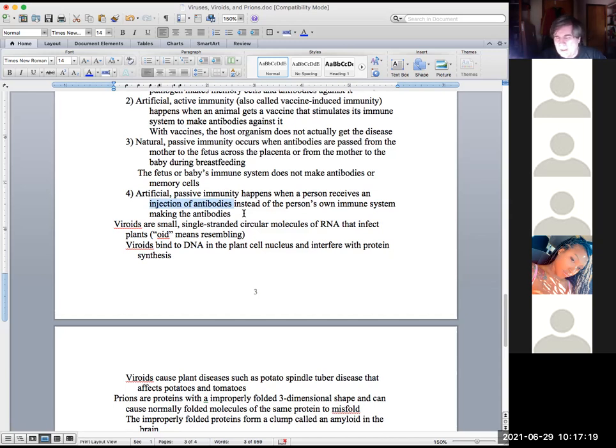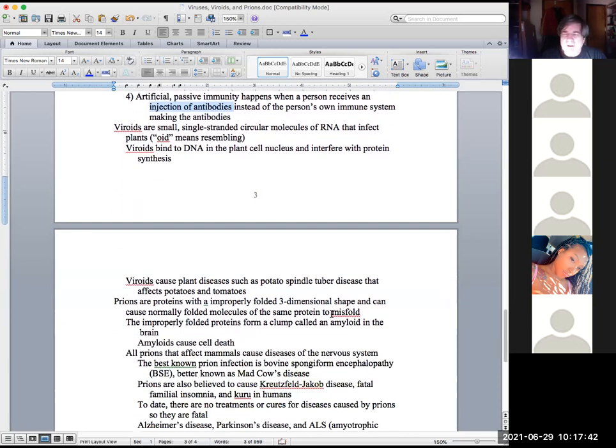If you get bitten by a cobra today and we give you a shot of antibodies, you survive. But the next time you get bitten by a cobra, since you didn't actually have an immune response, we gave you those antibodies, you're going to have to get antibodies again or take the risk of, do you survive, do you not survive?